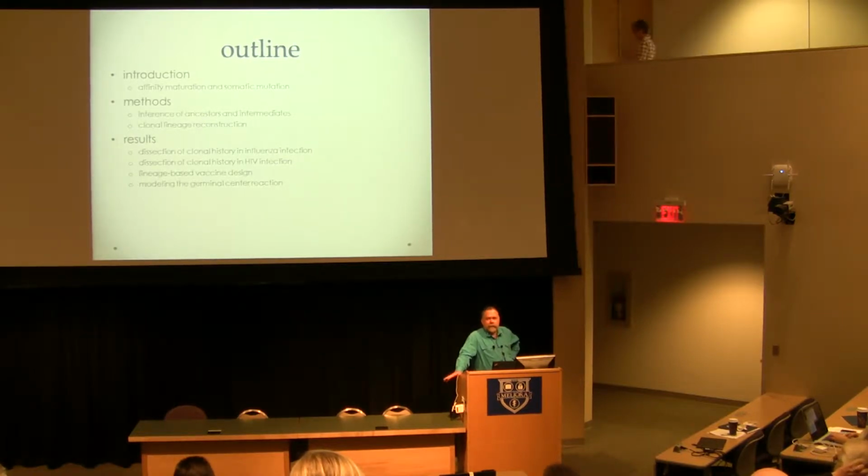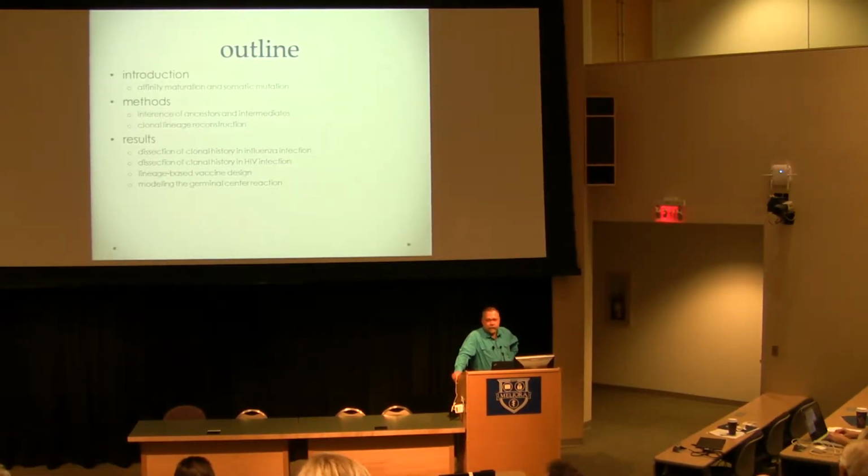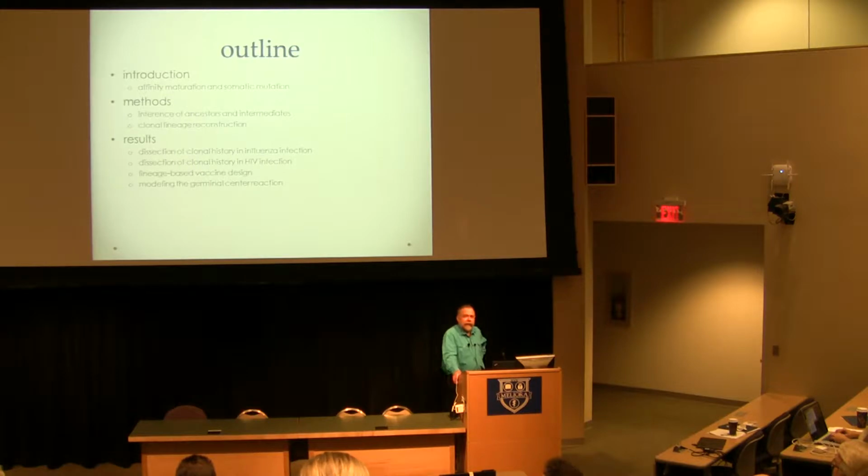The results will be on a dissection of the clonal history of an influenza infection and a similar dissection of clonal history in an HIV infection. And the lessons that we take from the HIV case will then motivate us to consider a new method for designing vaccine immunogens, and I'll describe that.